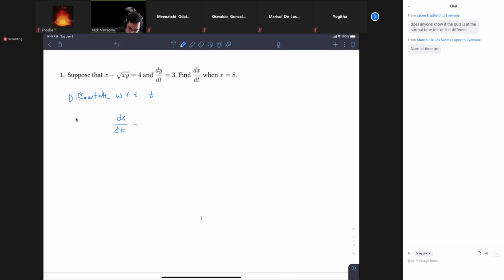All right. Now we're going to have this chain rule thing happen. So we take the derivative of the square root stuff. Imagine that that's a power rule. And then the derivative of the inside is a product rule.